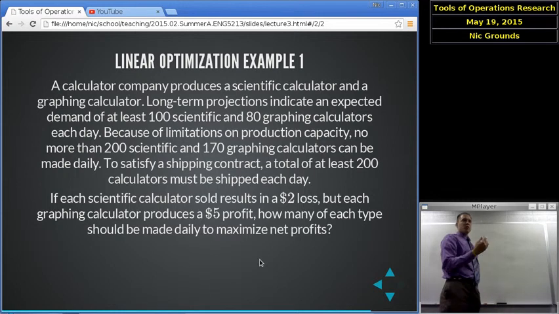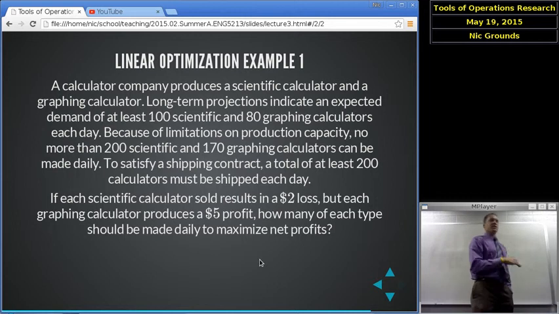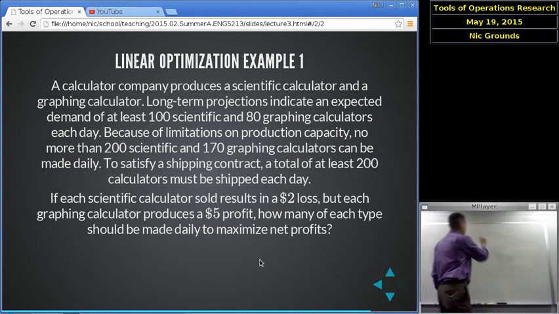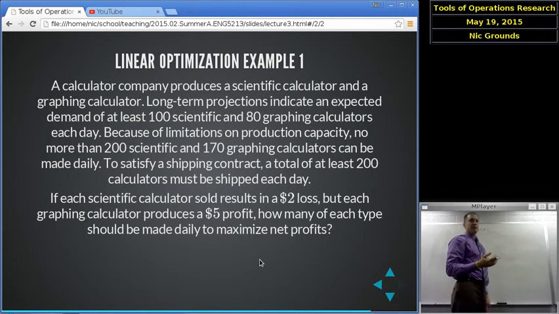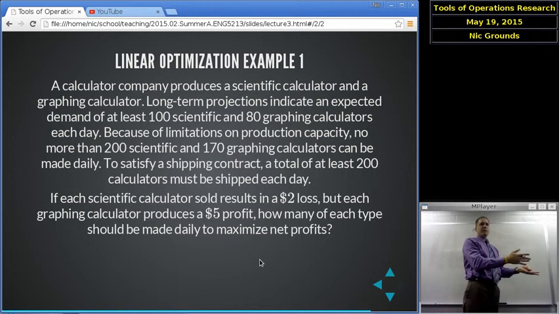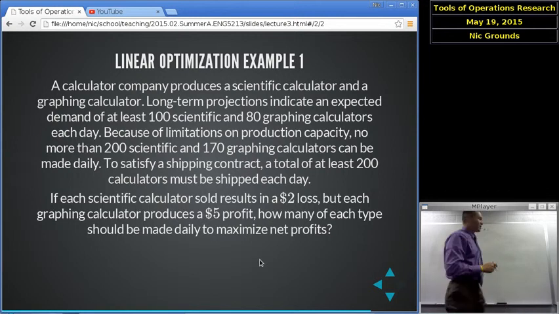Okay? So what we're trying to achieve, our objective, is profit. We want to maximize. Okay? I'm going to write that as profit equals, okay, and we have 2 things we can decide, 2 variables. How many scientific calculators we make, how many graphing calculators we can make, okay. So I'm going to represent that, okay, with a science, SCI, and a graph, GRA, okay.